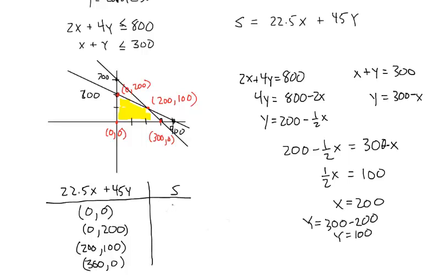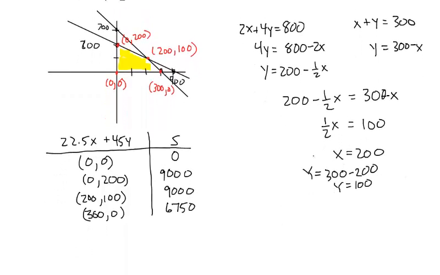When we plug in 0 and 0, we get 0. (0, 200) gives us 9,000. (200, 100) gives us 9,000. And (300, 0) gives us 6,750.